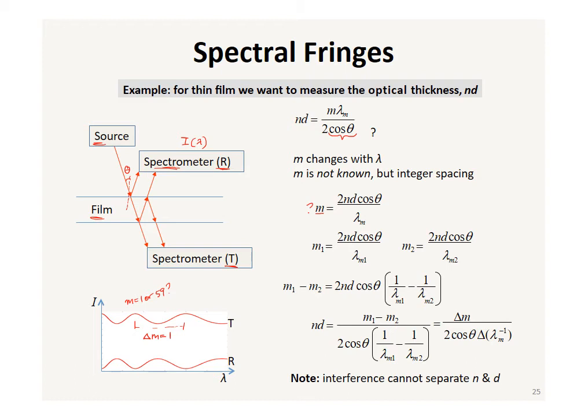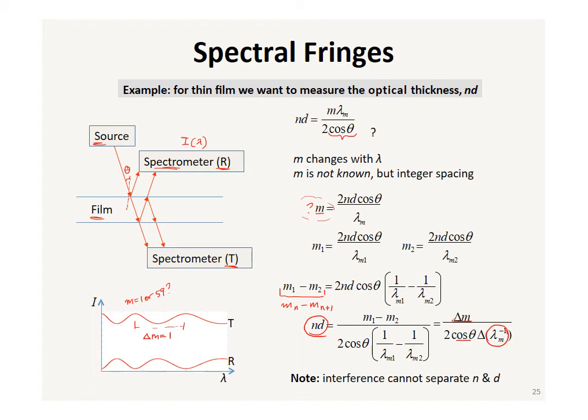So we then just need to rearrange this expression in order to get m1 minus m2, or indeed mn minus mn+1. And then we don't actually have to know what the orders are, only the difference between them. That expression then gives us nd, the optical path length, in terms of the difference in m, the angle of incidence θ, and the difference in the inverse wavelengths at which those maxima or minima occur.